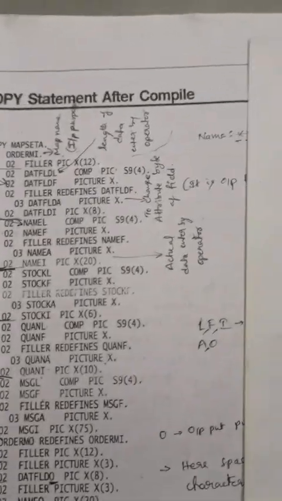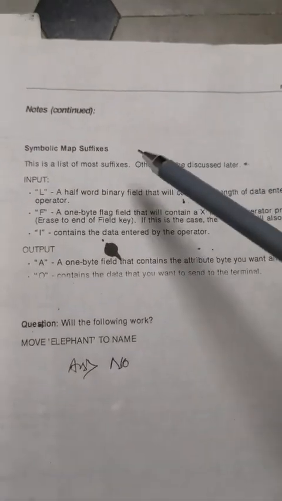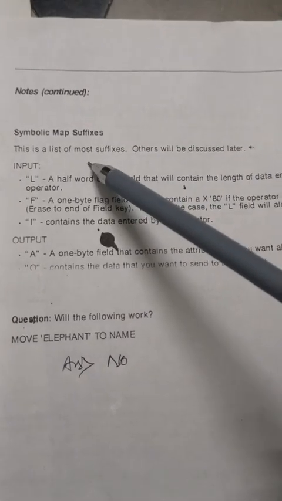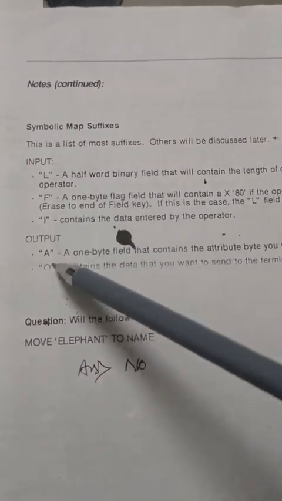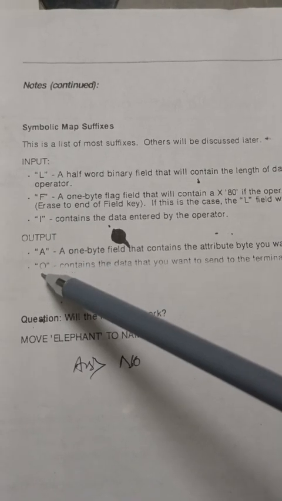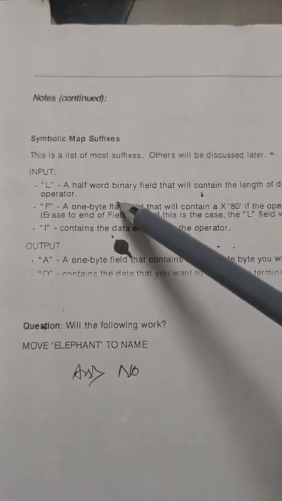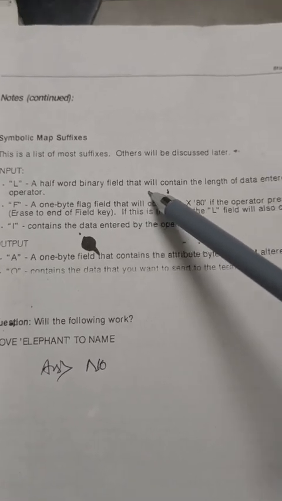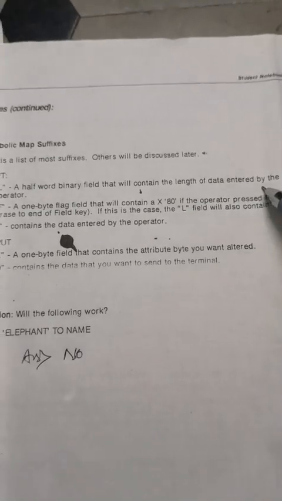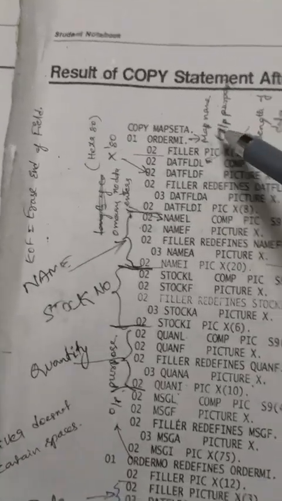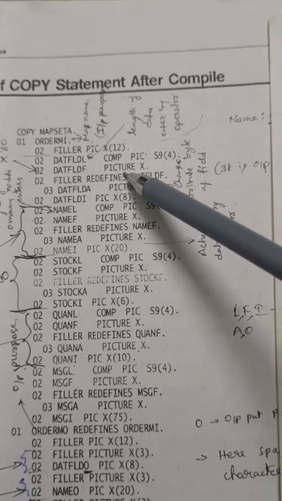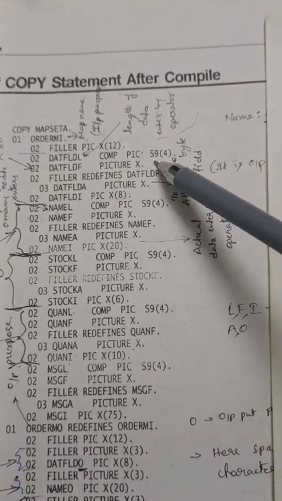You can see next the symbolic map suffixes. Here is a list of more suffixes. Input is L, F, I, as I told, A for attribute, and O is the output field. What is L? L is a halfword binary field and contains the length of the data entered by the operator. This is the length field, S9(4) COMP.